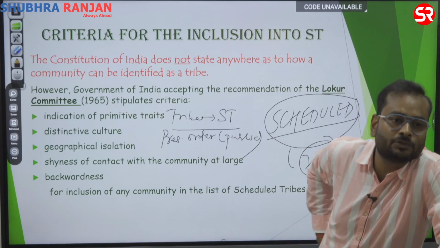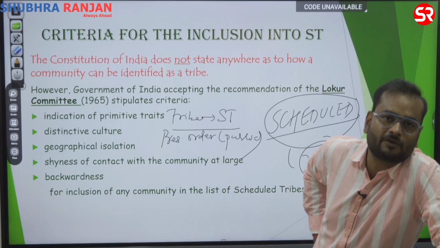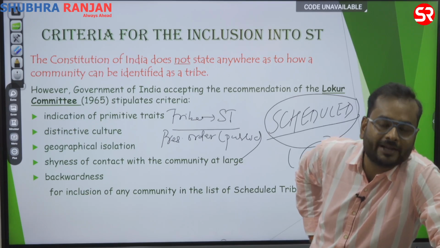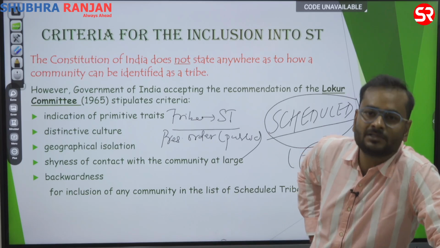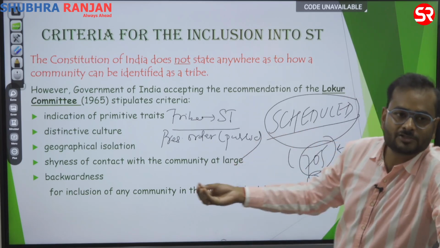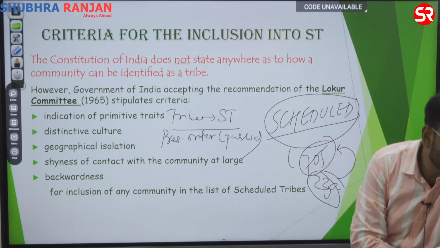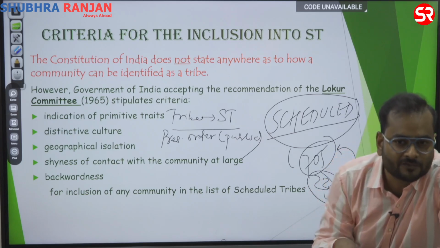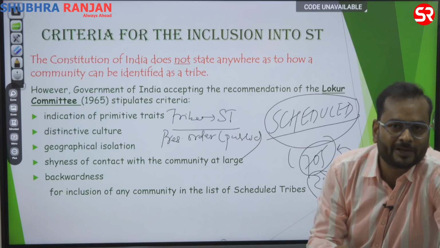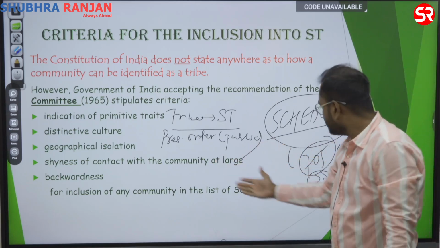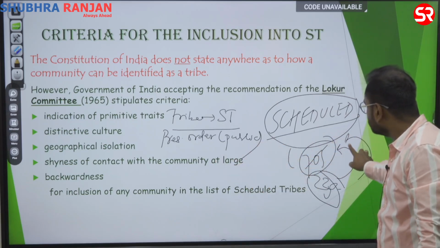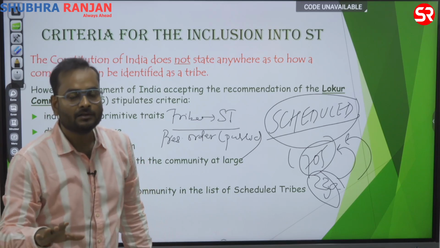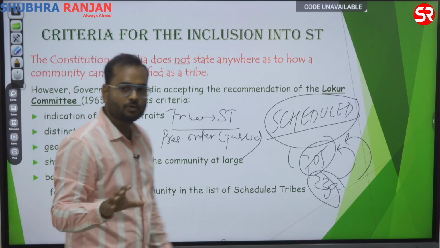What happens is, due to the politics of the state, certain politicians try to incorporate certain tribes into the scheduled tribes list so as to provide them the benefits of reservation and other privileges and concessions provided by the government as well as the Constitution of India. So it is completely vote bank politics. It should not be understood that scheduling more and more people into the scheduled tribe list is a failure of the government, but it is a matter of vote bank politics.